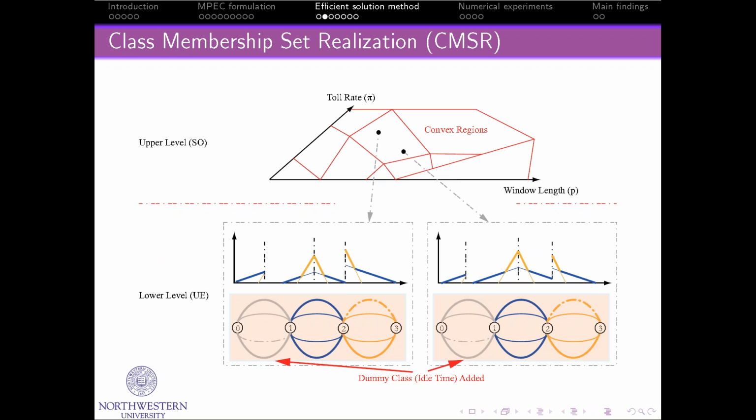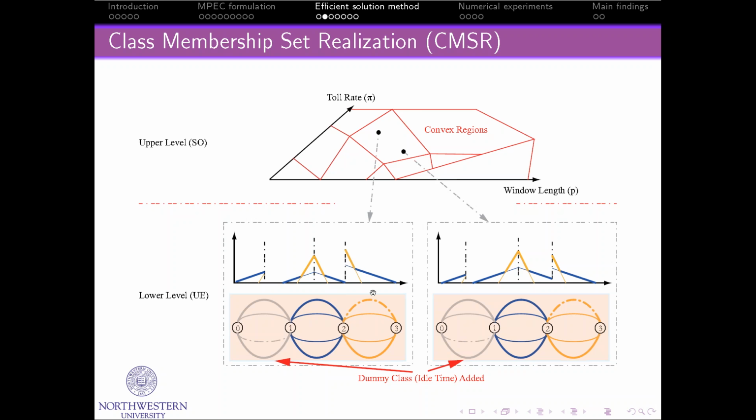So the criteria to cut the upper level problem is the so-called class membership set realization, CMSR. The CMSR is the existence of the user classes within each arrival window. So for this region, there are two different points.